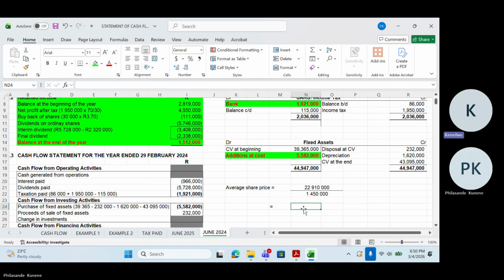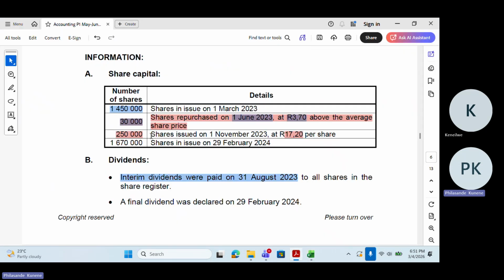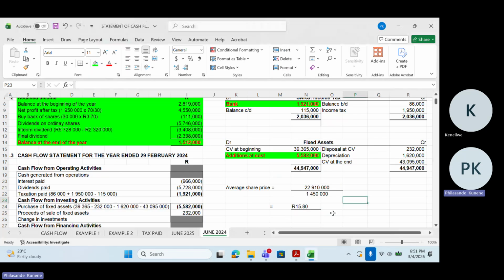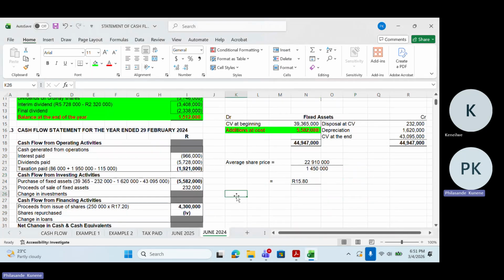No. Yes, I forgot a zero. 15 Rand 80 cents. So this is our average share price. So let's go back to the transaction. They said shares repurchased on 1 June 2023 at 370 above the average share price. So the total amount they repurchased on is going to be how much?